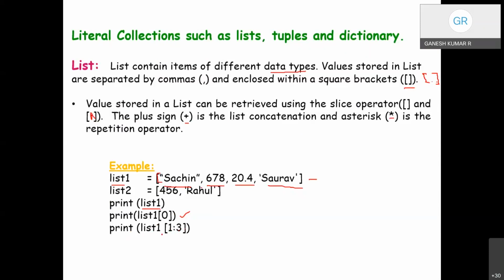So print list1 of 1 colon 3. What will be the output? Any guess? The initial indexing position is list1 of 1, and the end is n minus 1.